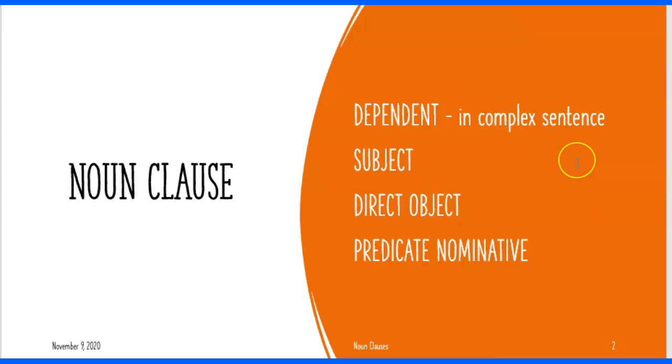So those are the first two rules to remember. The noun clause can come any place in the sentence where a noun can be. It can come as the subject, it can come as the direct object, or it can come as the predicate nominative. So you always have to look in those places to see if you actually have a noun clause. But remember, it will always be dependent and it will always be in a complex sentence.